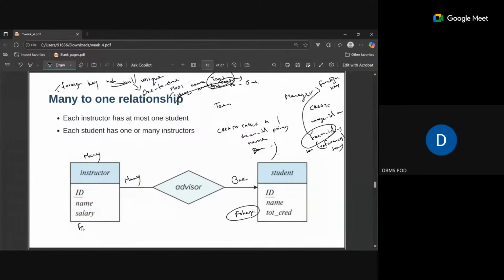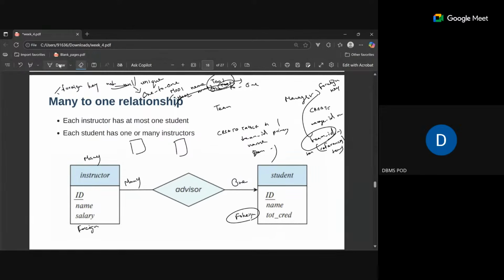There should be a foreign key to say this student has this instructor and this instructor has this student, and it will be very tedious. If it is 1-to-many, I'll have only one connection, this foreign key. So it's easy to define 1-to-1, 1-to-many, or many-to-one.